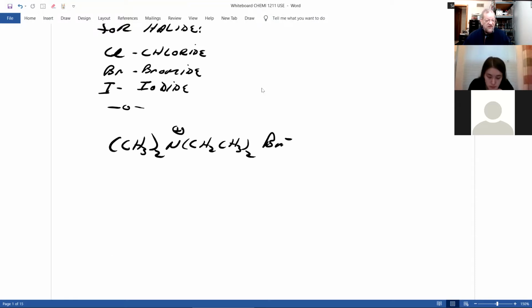Ooh, a nitrogen, it's got a positive charge, and you have a halogen anion. This is a quaternary ammonium salt. Notice this tells you you've got four groups on that nitrogen, and a halogen anion.